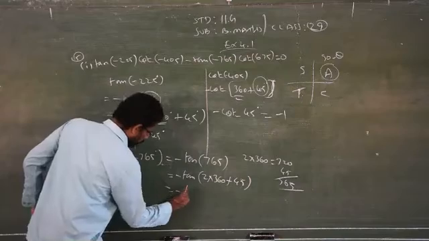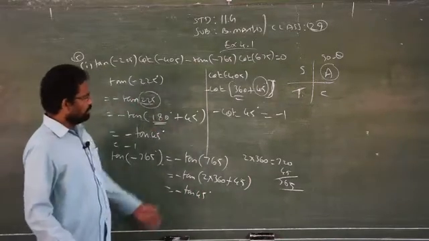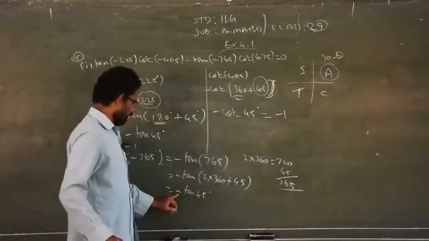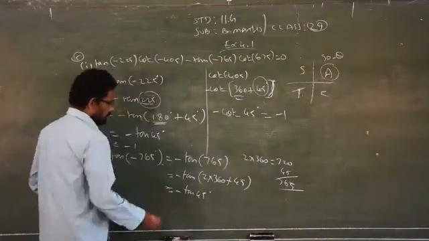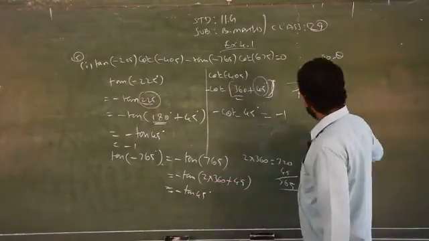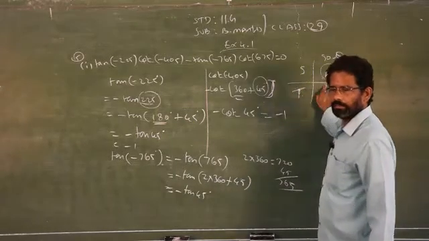Therefore, minus. It is the first quadrant. 45 comes in which quadrant? First quadrant. All are positive. Plus into minus, minus. Boys, see that: 2 into 360, 2 times 360.